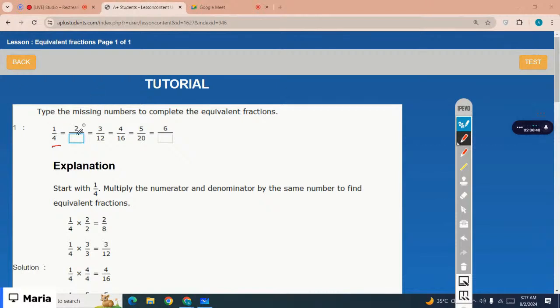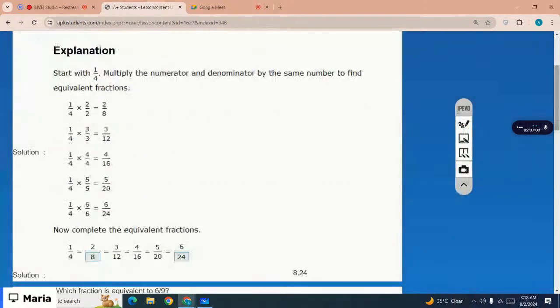For the first one, 2 times 1 is 2, and 2 times 4 is 8. You have to multiply both numerator and denominator by exactly the same number, that is 2 over 2. Then you multiply them by 3, that is 3 by 12. Then multiply them by 4, that is 4 by 16. So if you multiply the numerator and denominator of a fraction by the same number, then you get equivalent fractions, right?